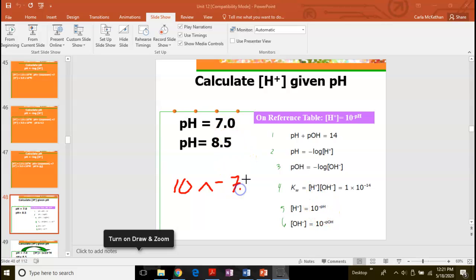Or 7.0. You can do that, or you can hit the second button on your calculator and then the log button. So second log, and then it already does the caret for you, and then you put in 7 and then close out your parentheses. All right, try that.